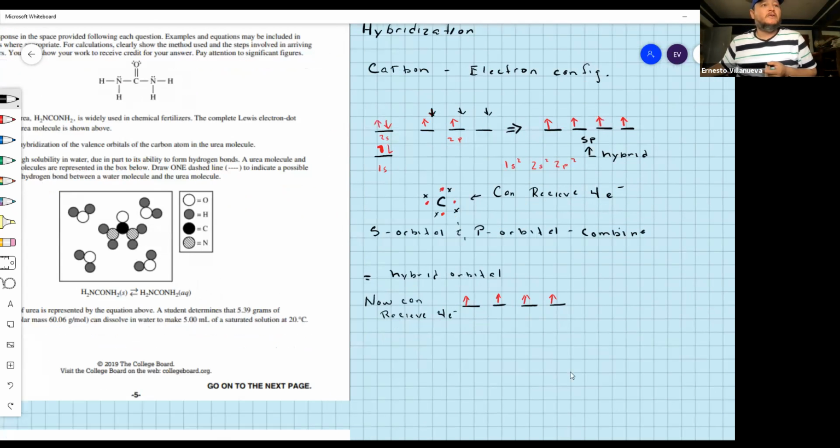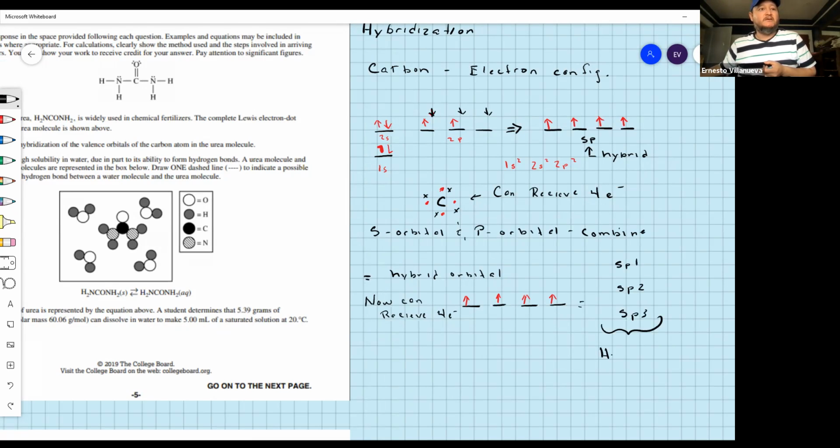So we call this type of hybridization sp2 hybridization. Now there's three types of hybridizations. There's sp1 hybridization, there's sp2 hybridization, and there's sp3 hybridization. So all these types of hybridizations exist.